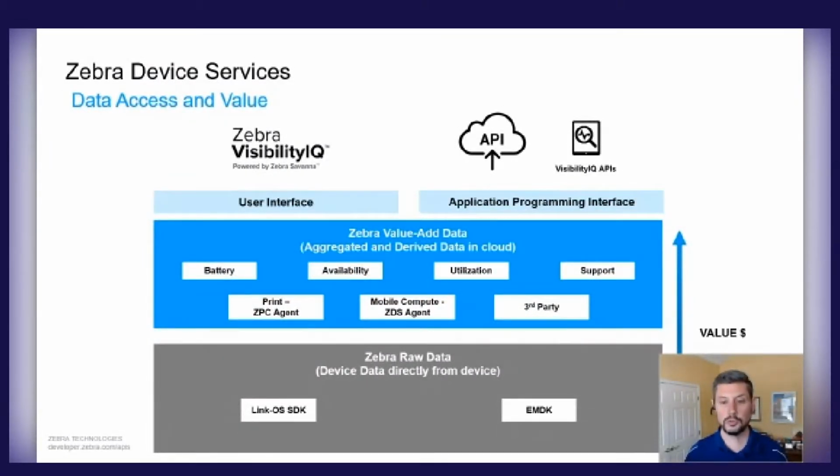So those tools, obviously we still have those, we continue to maintain those, but we have some other things kind of baked into the product, some agents that on the mobile computer side, we call our Zebra Data Services agent, and on the print side, our Zebra Printer Connector agent. These are built into the device, they ship on the device, and they're ready to be able to use to send data up to the Savannah cloud.